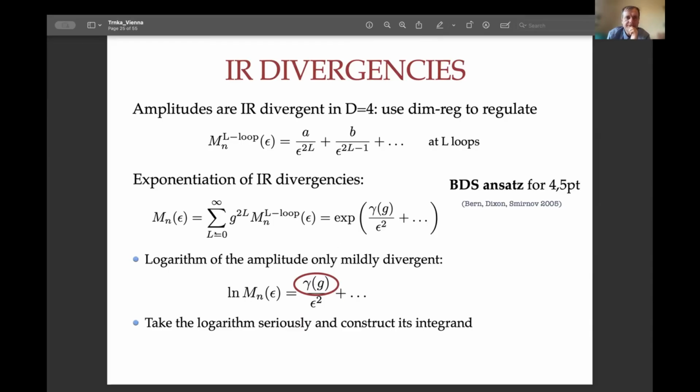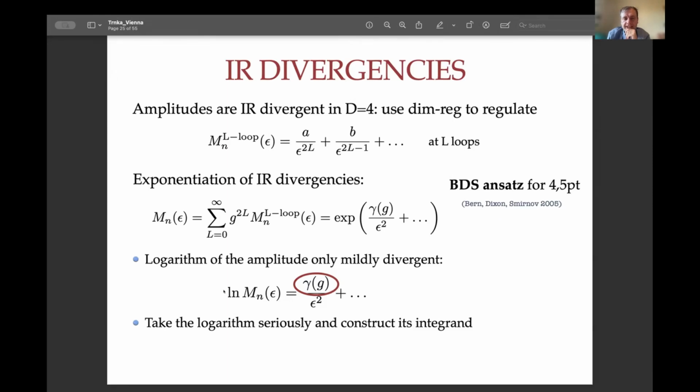This also suggests we should take a logarithm of this object, because the logarithm is only 1 over epsilon squared divergent. So this is why we will use the logarithm in a second, because this is a very mildly IR divergent object, and using some very simple operation, we will make it IR finite. So this is the reason to take the logarithm seriously.